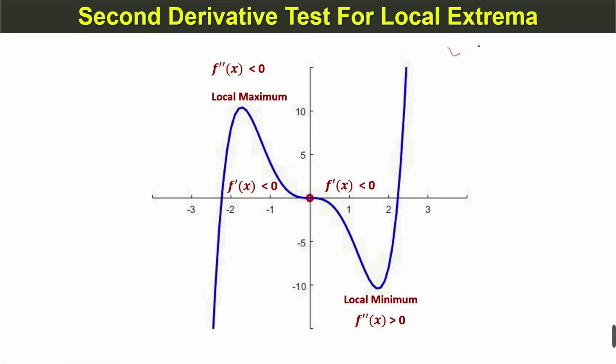So this is the graph of the function, and we can see that the function has a local maximum at this point and a local minimum at this point. Here the second derivative of the function is greater than 0, and here it is less than 0, meaning at this point the function has a local maximum, and at this point a local minimum.